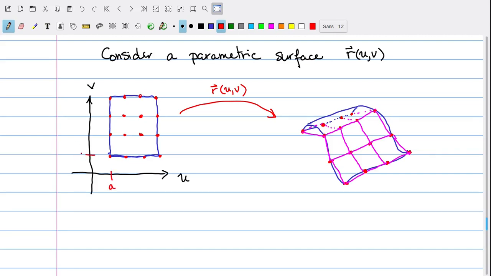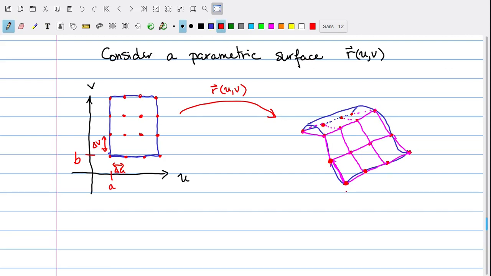If I let (a, b) be the first point in the grid in the UV plane, and I let delta u be my step going from my first point to my second point in u, and delta v be the same step in v, then I can figure out exactly what these points are in XYZ space just by plugging in the associated values.